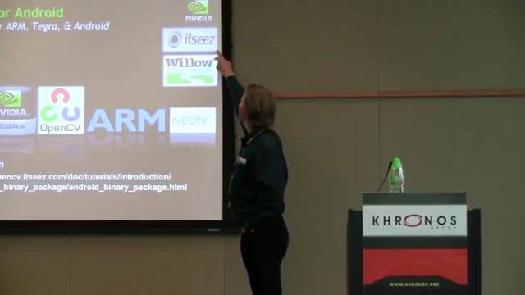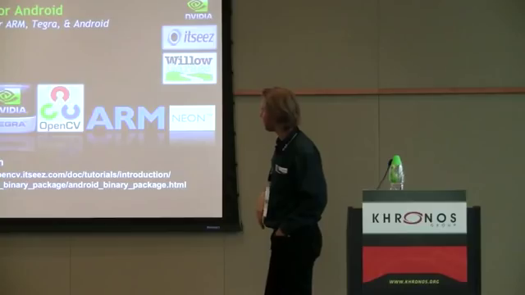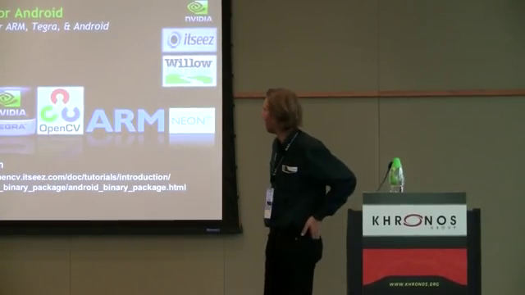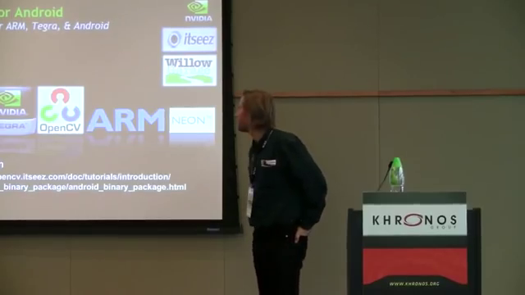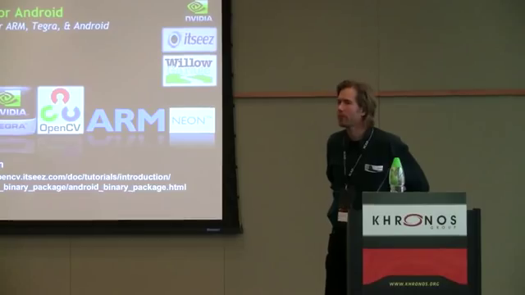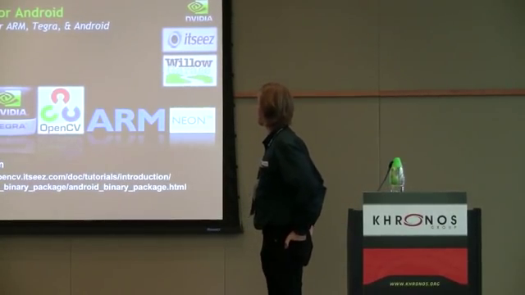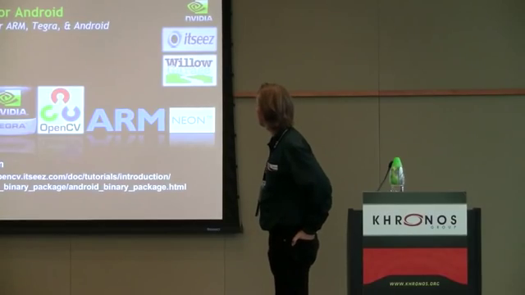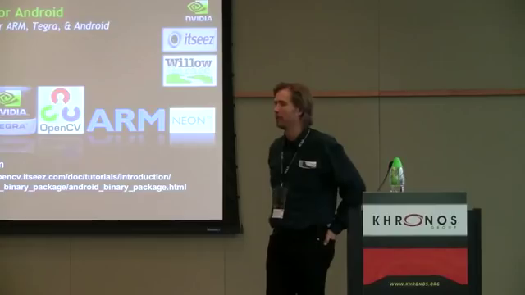These are the main companies that are the current home of OpenCV: Willow Garage and ITSEEZ. Willow Garage is a robotics vision company in Menlo Park in Silicon Valley. It's mostly a research company. ITSEEZ is, you could say, a spin-off from Intel.